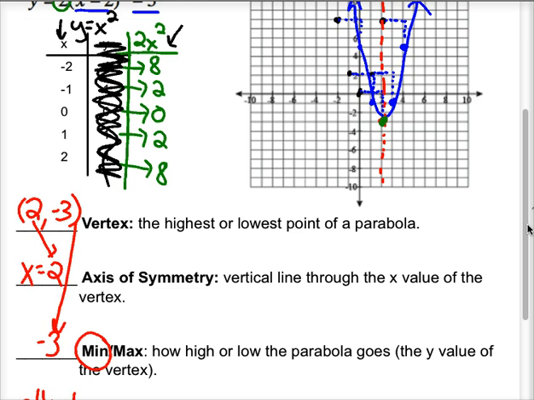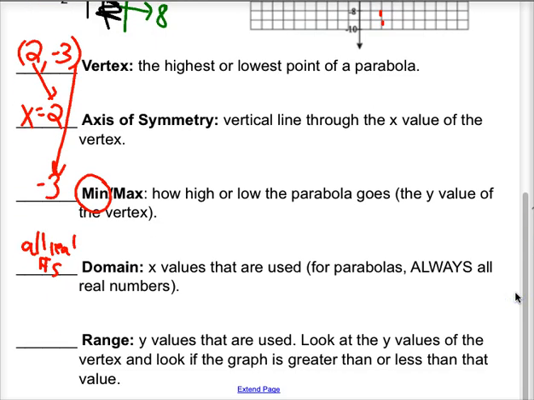Well, I see the values going up from that -3. So because the values are going up from that -3, all of my y values are going to be greater than or equal to that -3. Any y value I can get is -3 or above.